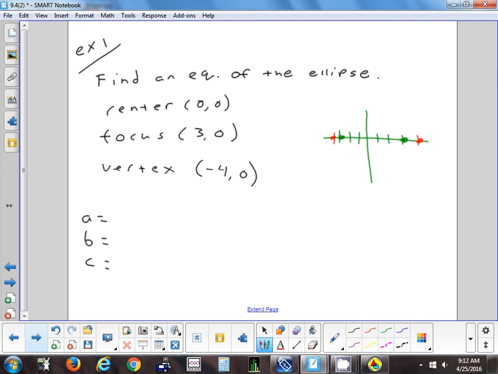Yeah, it's 3 units. So we know C is 3. What about knowing the vertex? What letter does that help me figure out? Yep, A. A is the distance from the center to the vertex, which is how many units? 4 units. Remember, A and B are always positive numbers.